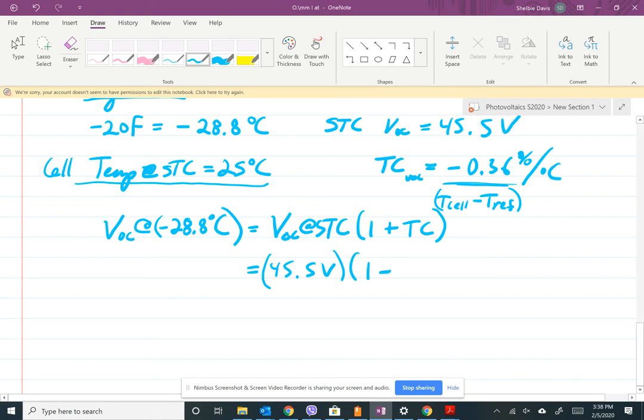It's negative 0.36, times negative 28.8, minus 25. Somebody want to do the math on that?